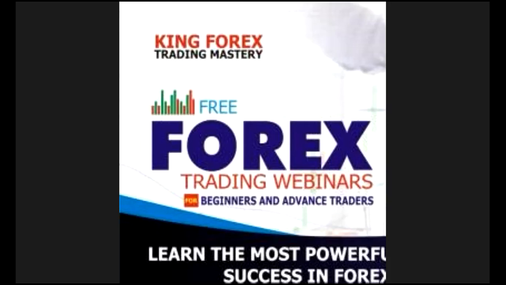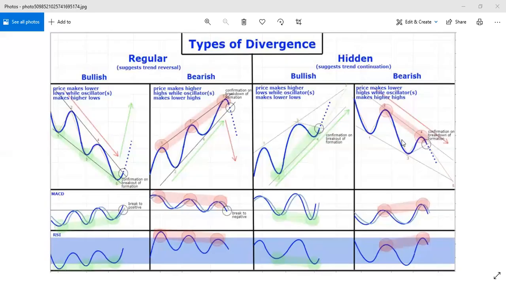Right. So in today's video, we'll be talking about divergence. It is important to let you guys know that we have two types of divergence. We have regular divergence. We also have hidden divergence, all right? But today, as you can see, we'll be talking about hidden divergence.